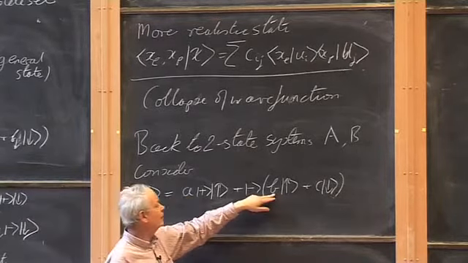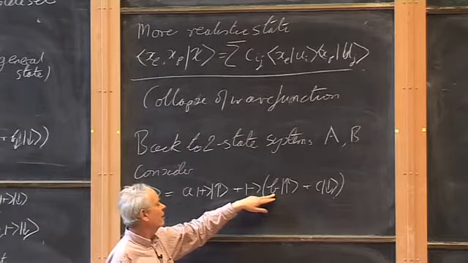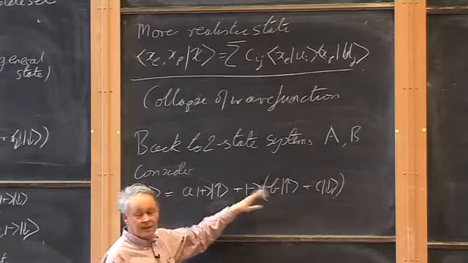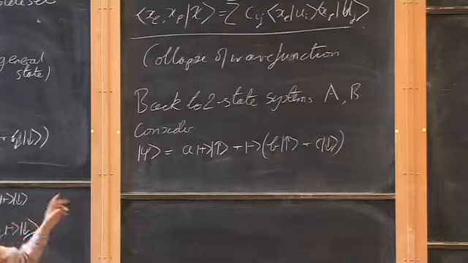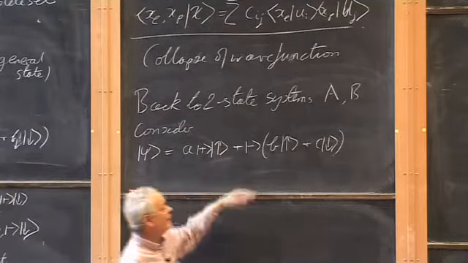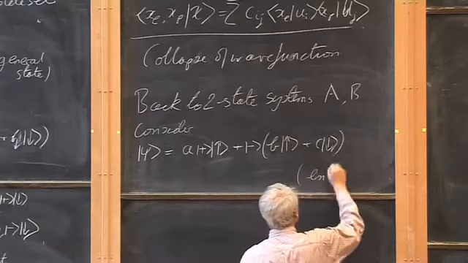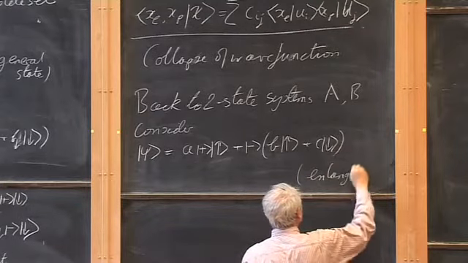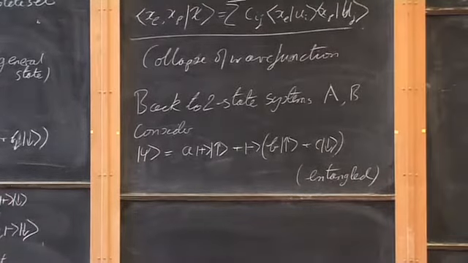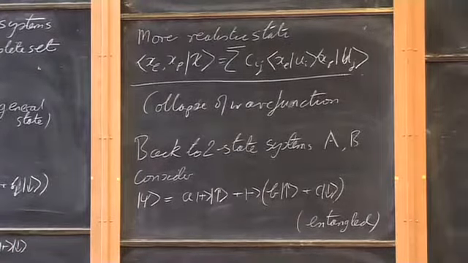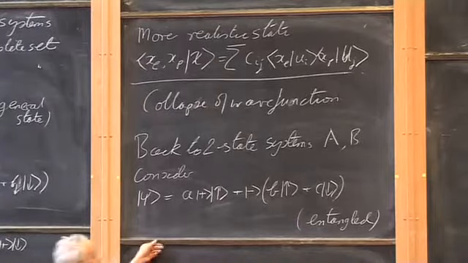This is the amplitude for finding that A is minus and B is up, etc., etc. This state is, as it turns out, entangled. That is to say, you won't be able to write this as a product of a state A and a state B. So this is more realistic than the states that I was discussing before. Okay.